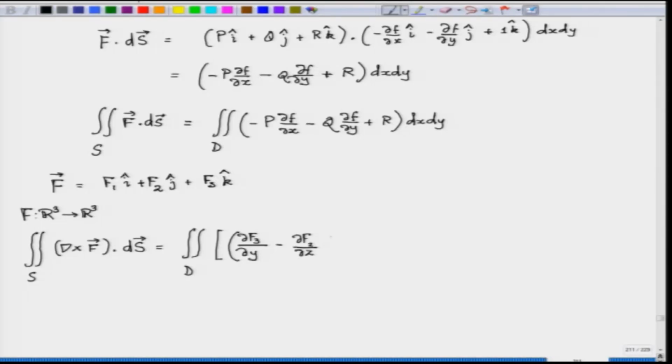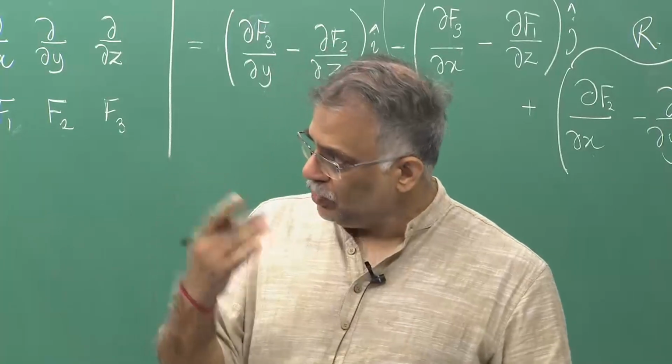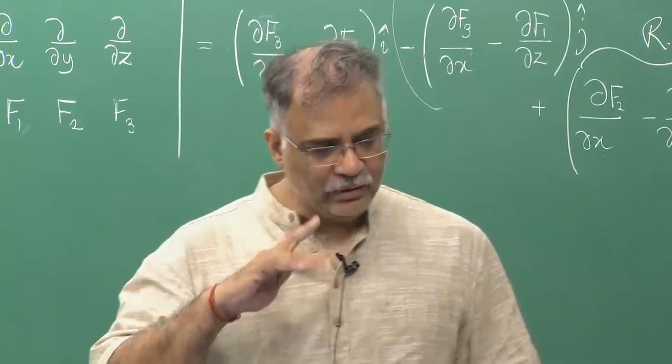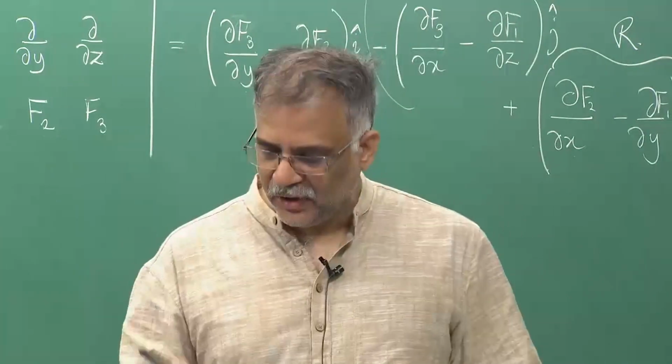Now, instead of del f del x I will write del z del x, because we will soon have to apply the chain rule. f1, f2 and f3 are all functions of x, y, z to R. So, just to maintain symmetry and uniformity, instead of f I will use z.